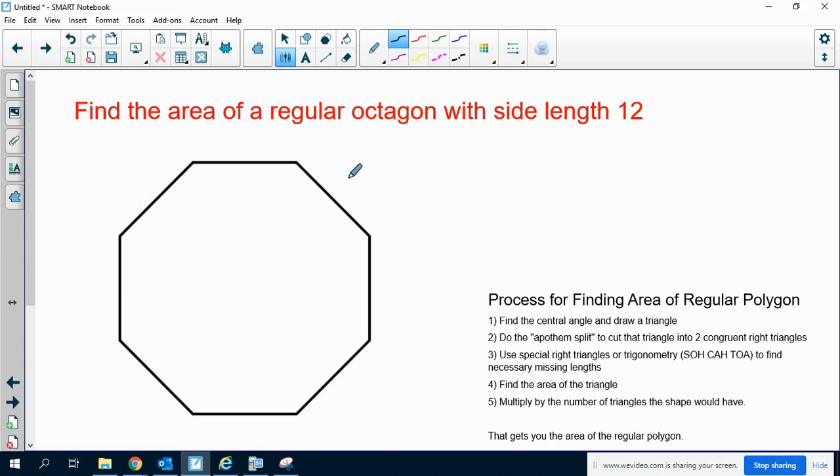We're now going to find the area of regular polygons when they're giving you side lengths or perimeters. So if the side lengths are all 12 in this regular octagon, if I draw an apothem and a central angle, that's going to cut the 12 into a pair of sixes.